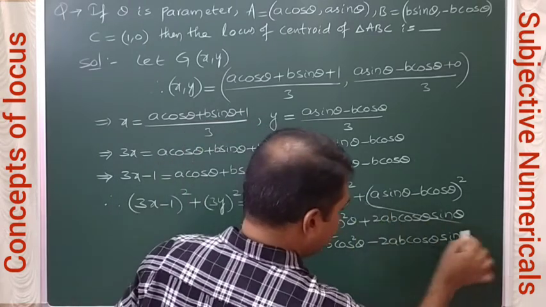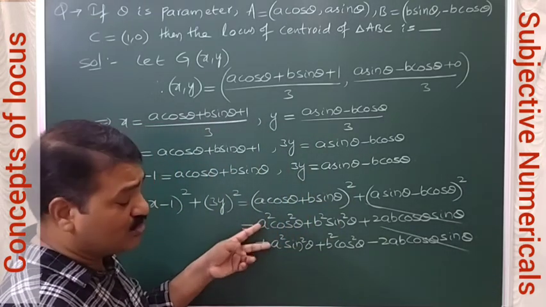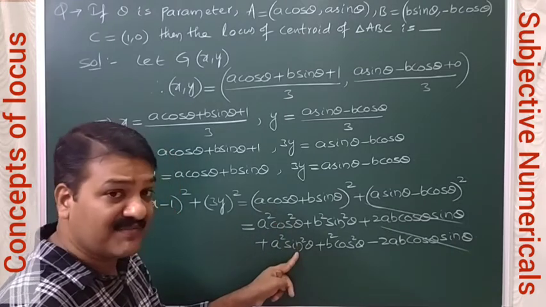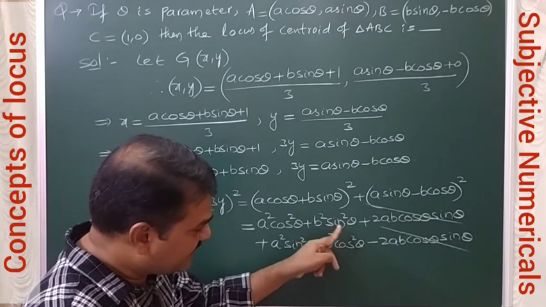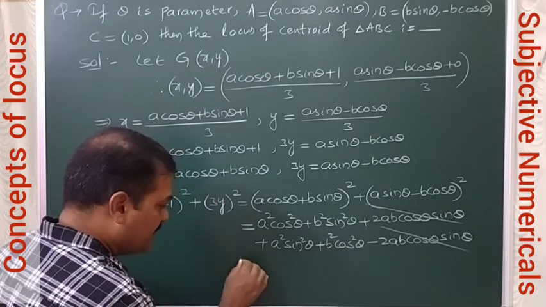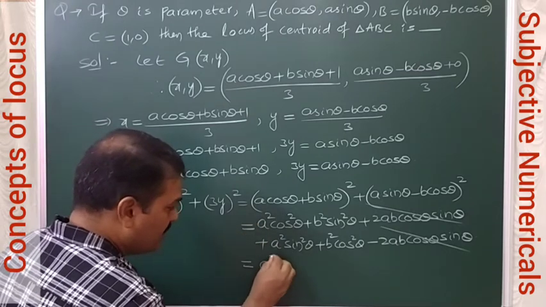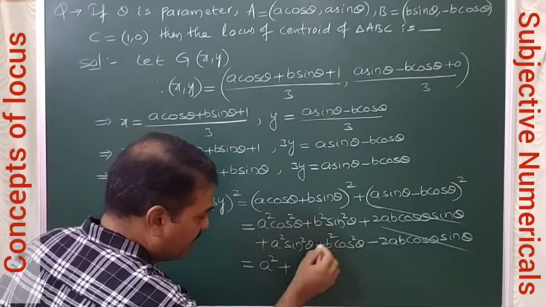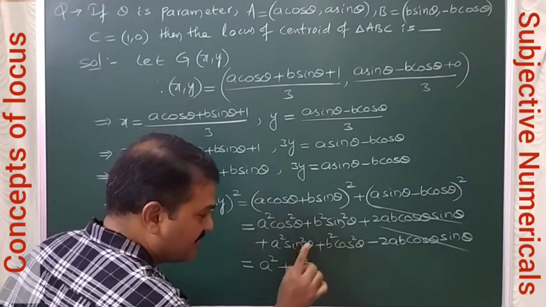Clearly you can cancel out these terms. Now in these two, a² is common, so cos²θ + sin²θ is left, which is 1. b² is common, sin²θ + cos²θ is 1. So taking a² common in these two, you will get a² into 1, and b² common in these two, so b² into (sin²θ + cos²θ), which is 1.